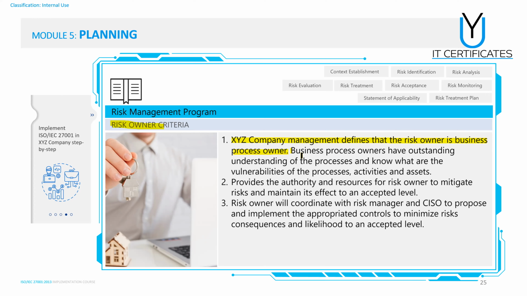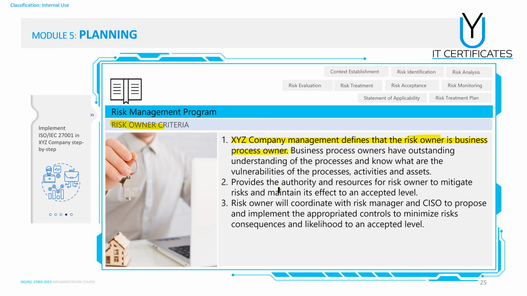Okay, then XYZ company defined that the risk owner will be the owner of the business processes. This makes sense because, as we mentioned, the business owner has the full information about their processes, assets, vulnerabilities, threats. They know the process very well and they will be responsible as the risk owner.